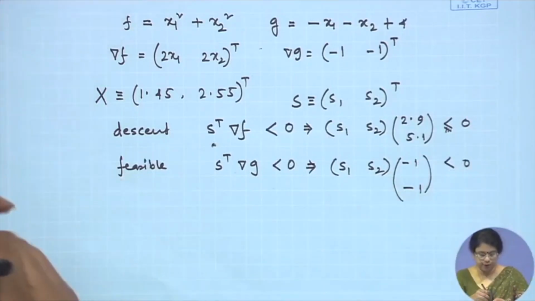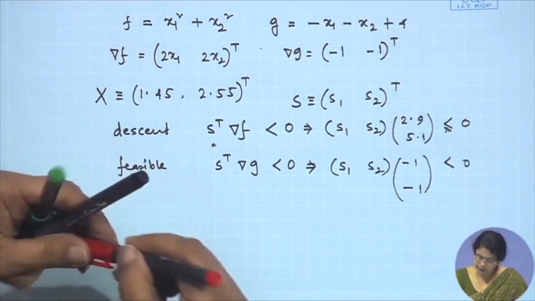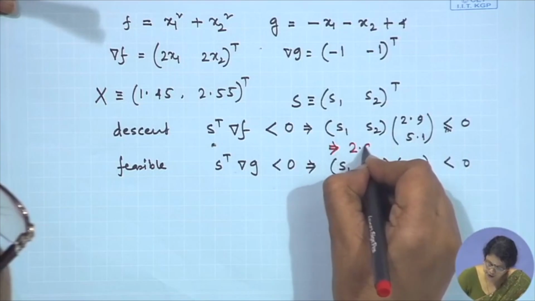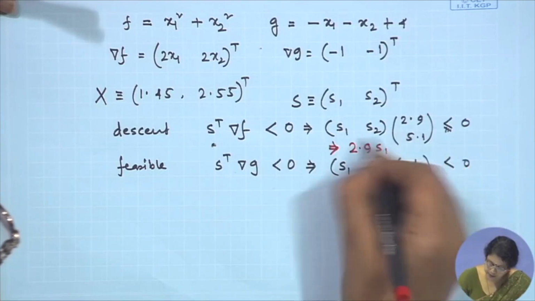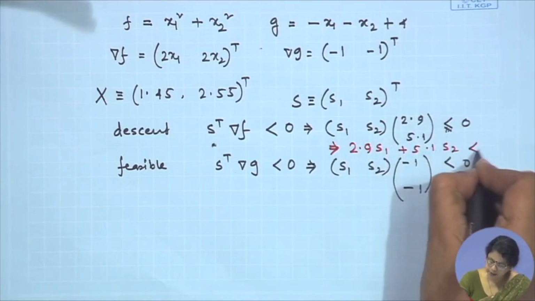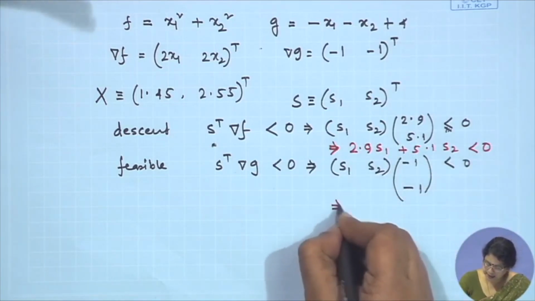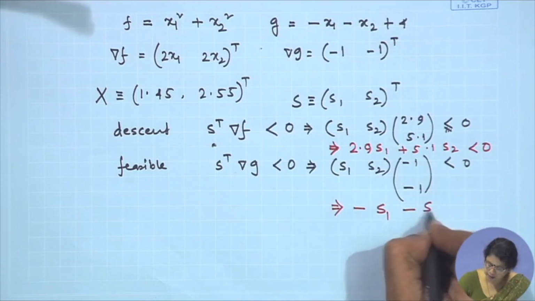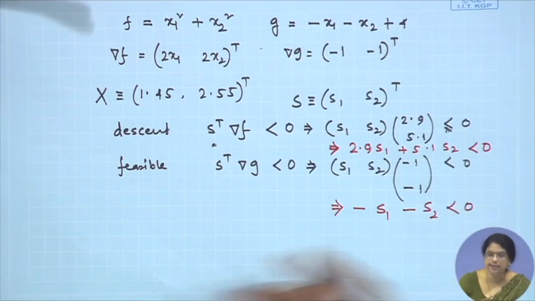What we are getting from here is that the descent direction is that direction where 2.9 S1 plus 5.1 S2 must be less than 0, and the feasible direction is minus S1 minus S2 less than 0.